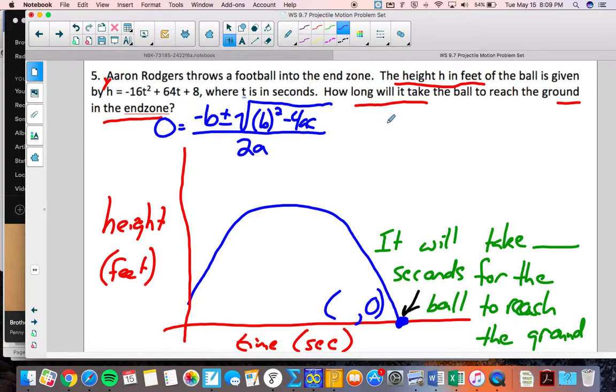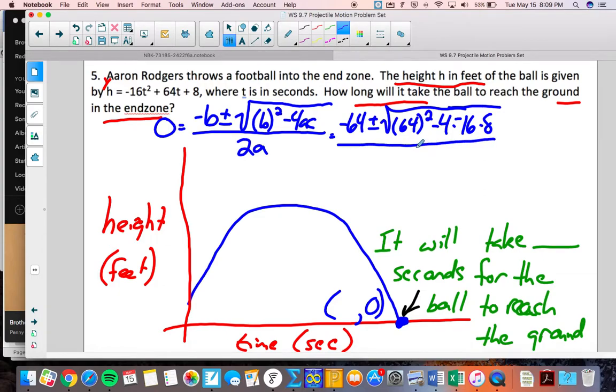So we do the opposite of b, so -64 plus or minus the square root of 64 squared, minus 4 times a times c, all over 2 times a. So we're going to get -64 plus or minus. Let's go to the calculator and figure out what that value is after the plus or minus.